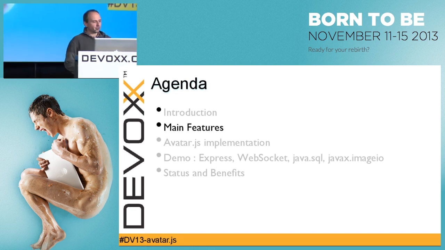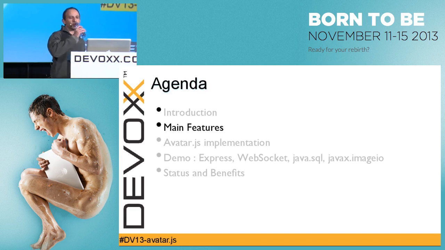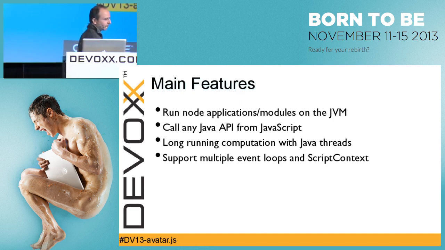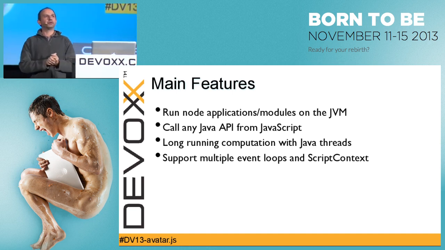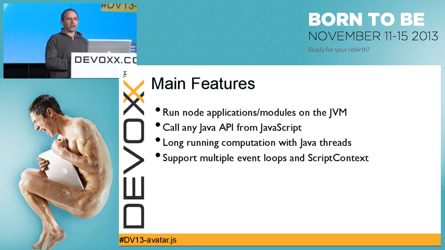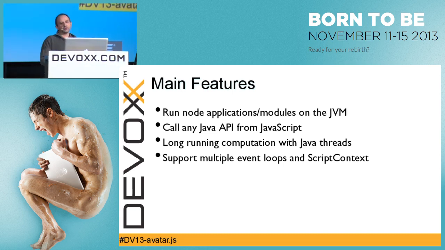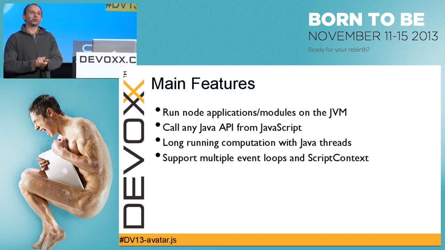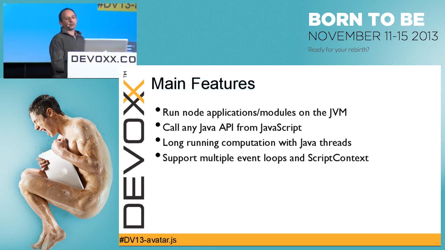So the main features of Avatar.js. Okay, so I think it's clear: running your Node application or module on top of the JVM. Hope it's clear. Calling Java APIs from JavaScript, it's clear too. But running a Node application on top of the JVM brings more to Node than Java APIs. It also brings native threading.